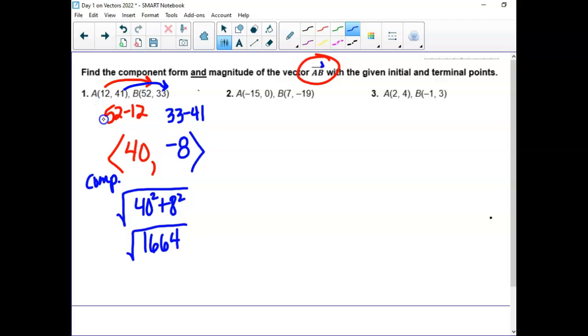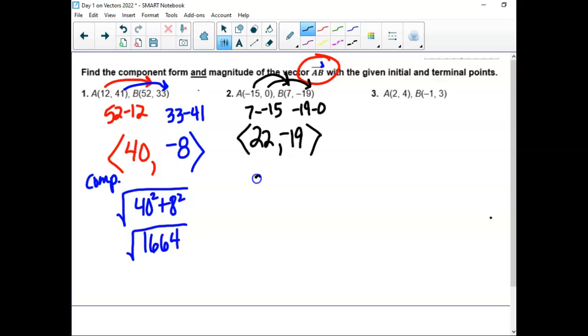Otherwise, the signs will be backwards, and it would be indicating that it was going from B to A. It is a little confusing, but if I'm going from A to B, from negative 15 up to 7, I've actually gone 22, which is what you would get when you do 7 minus negative 15. That's what I like to do in my head, but I understand that it's a little tricky if you're not good with adding and subtracting weird numbers. This one from 0 to negative 19 is just down 19 because it would have been negative 19 minus 0.